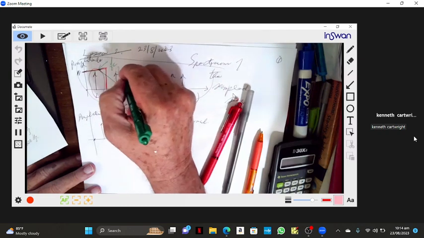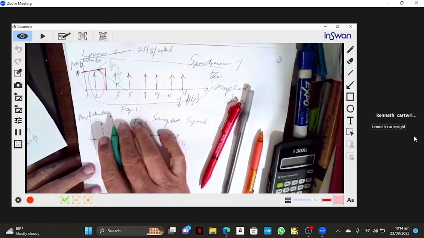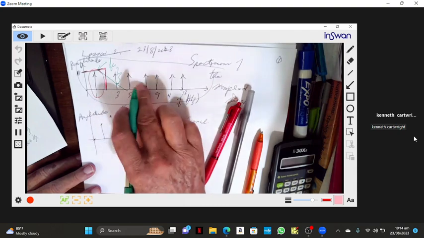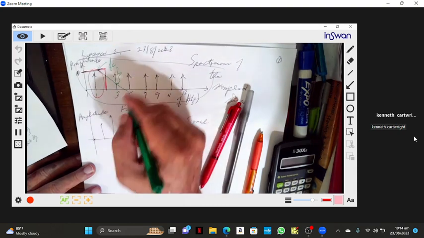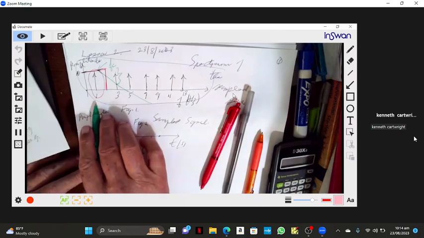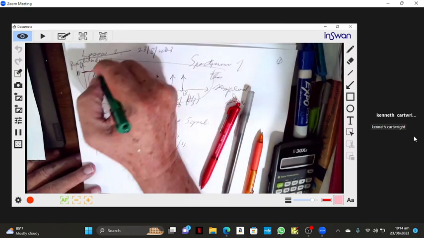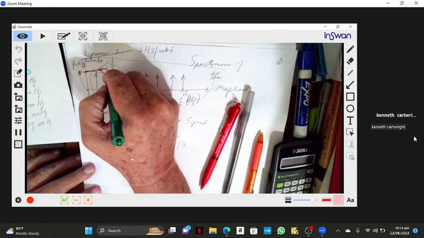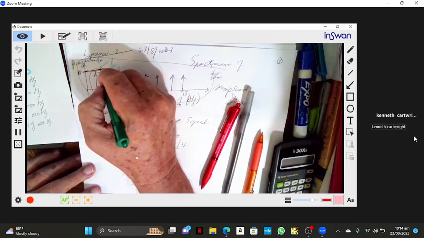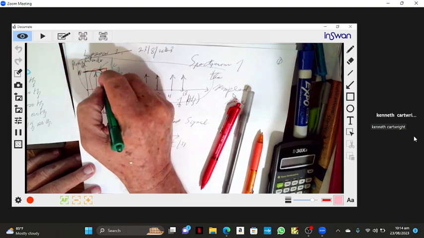The 5K would be stopped even more. The 7K would be stopped even more than that. But when we make the cutoff frequency here, the truth of the matter is, this amplitude here is going to be how much down?